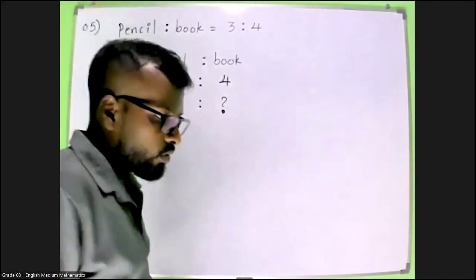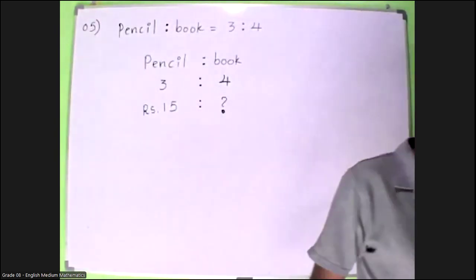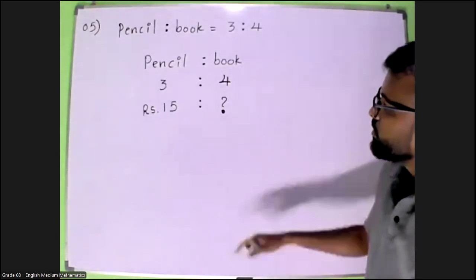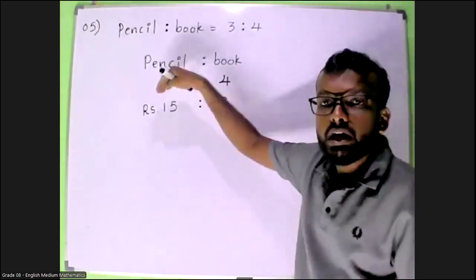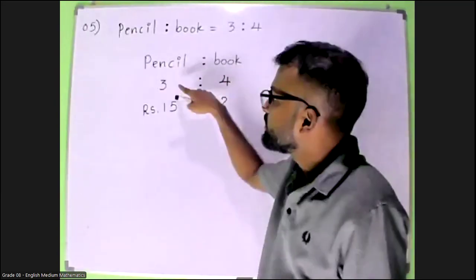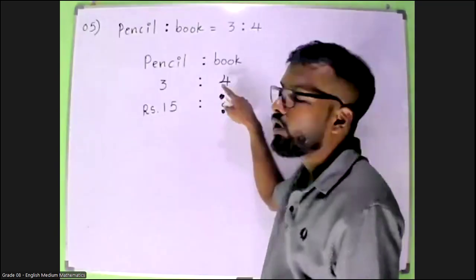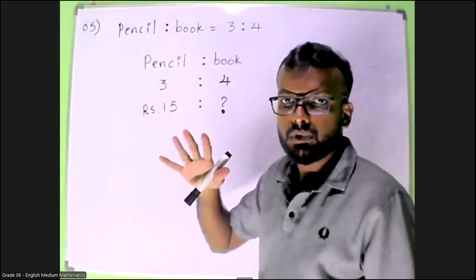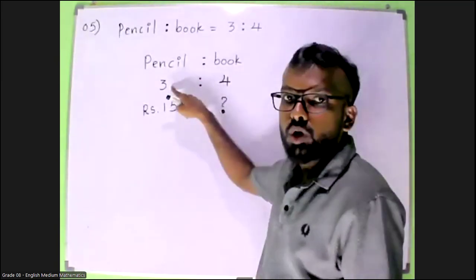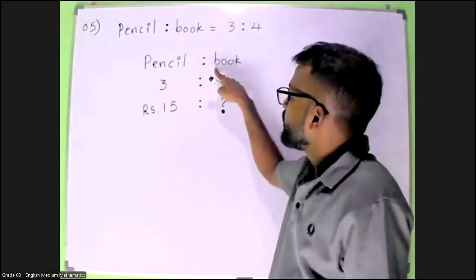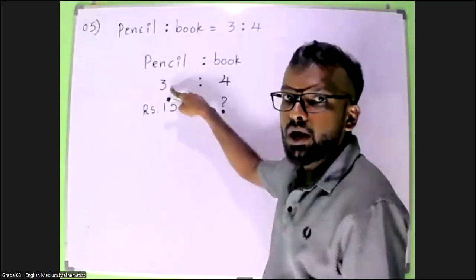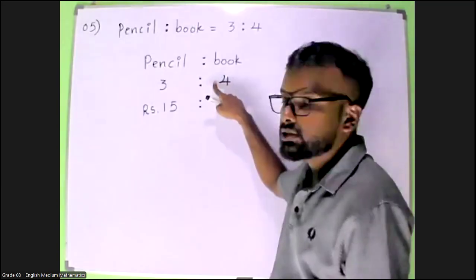Now in this kind of question, we are considering this 3 to 4 as parts. For pencil, 3 parts. For book, 4 parts.